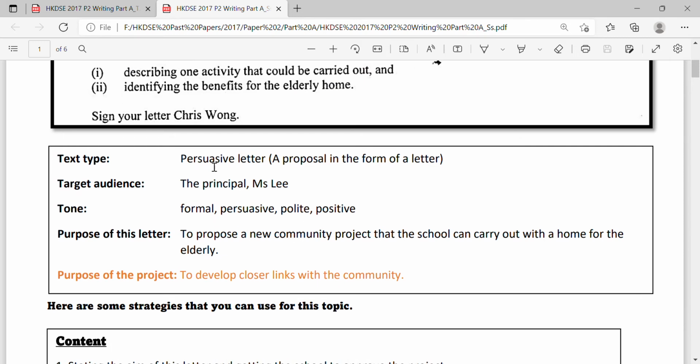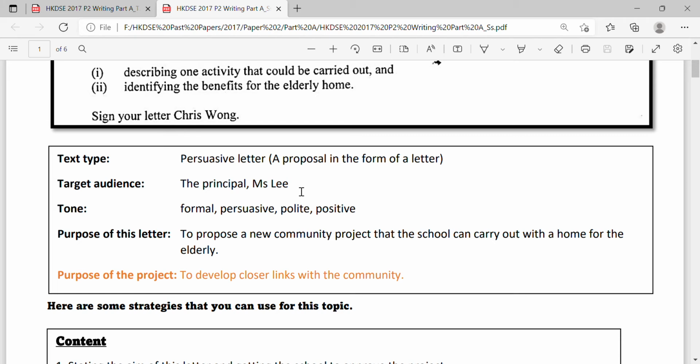The text type is a letter, a persuasive letter. Basically, this is a proposal, but a proposal in the form of a letter that you're writing to the principal, and you're asking the principal if he can support your club's activity. The target audience will be Miss Lee, but if you're smart, you always have at the back of your mind that there's a marker who's a teacher there.